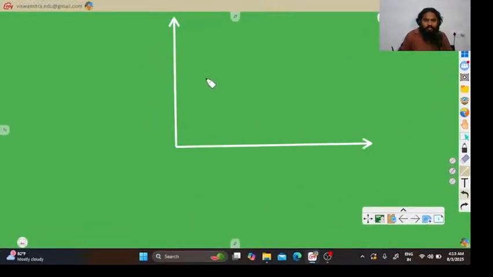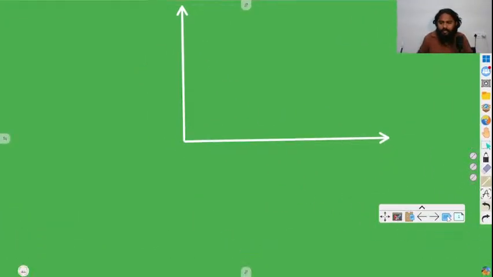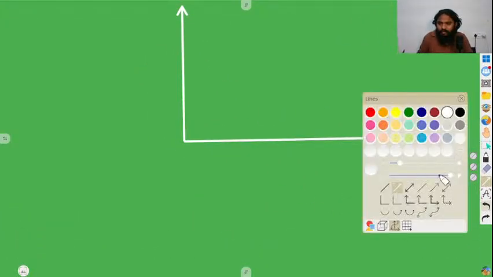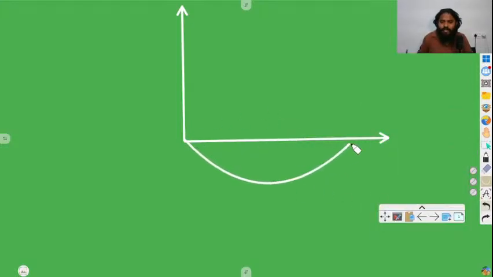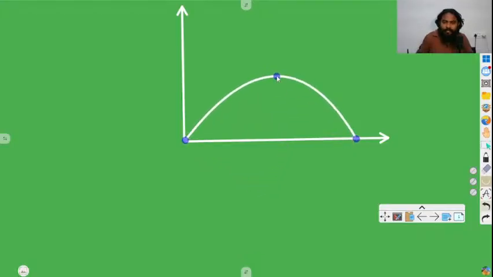Okay. Now here what we are doing is just projecting a particle with an initial velocity u, such that it is making an angle theta with the horizontal, right? So now if you observe, I have projected an object. This is the path of the object. This is the initial velocity u, and the initial velocity of the projectile is making angle theta with the horizontal.